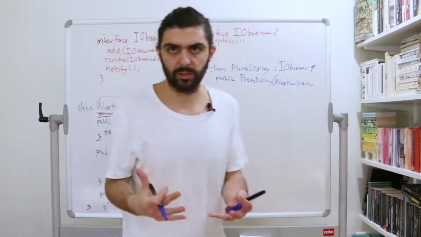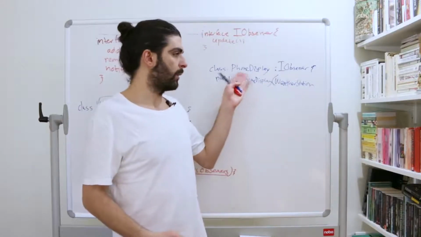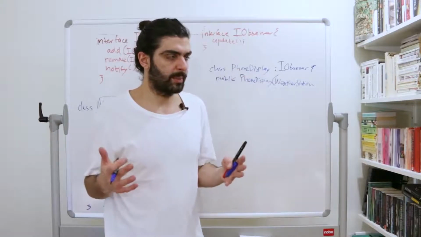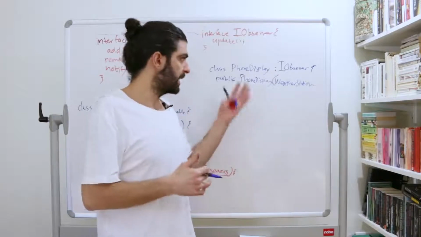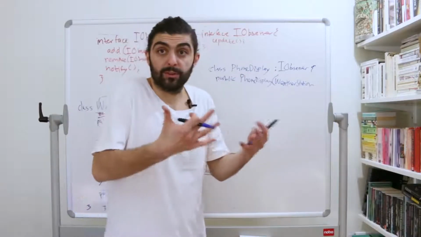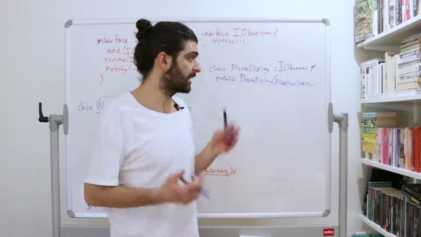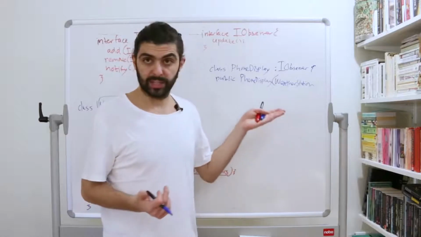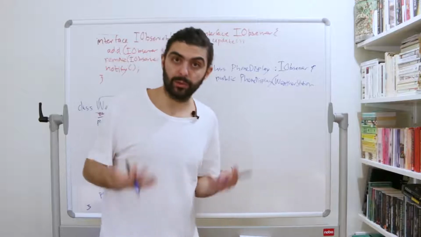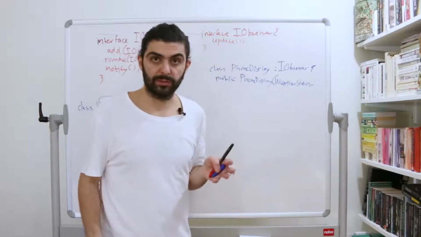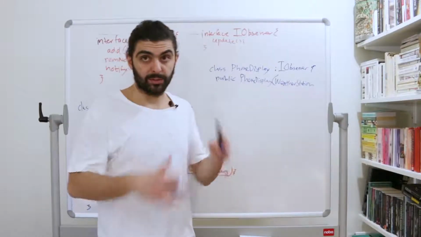Because you can think of it in terms of the semantics. A phone display isn't a display that displays anything, right? In this particular scenario, we're modeling a display that displays weather station data, and thus it can couple to the concretion weather station. If we want to model a display that can display anything, we need to increase abstraction and get rid of the weather station. But that's not relevant for this example, so let's move on.